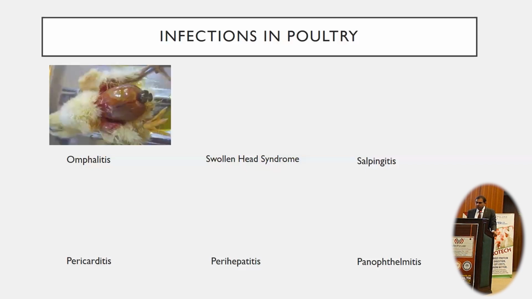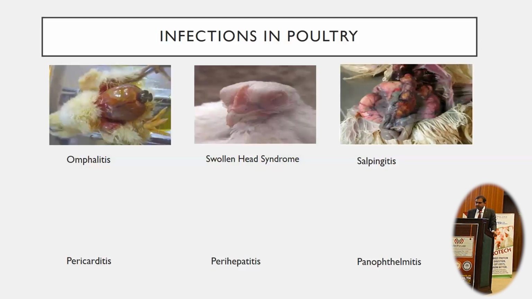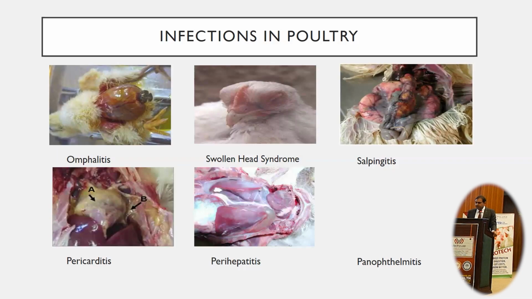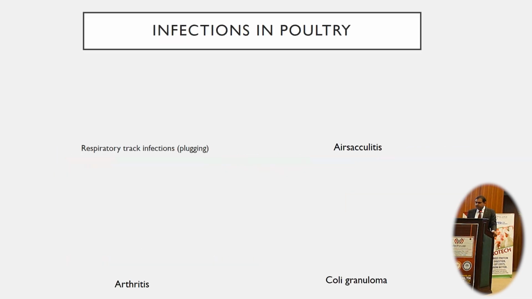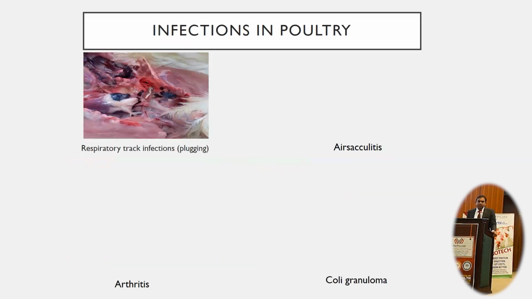It causes omphalitis, swollen head syndrome, salpingitis, pericarditis, perihepatitis, panophthalmitis, and nowadays, when there is less humidity, like in March, April and May, we also have respiratory infections in which we see plug formation, as we see here in this slide.